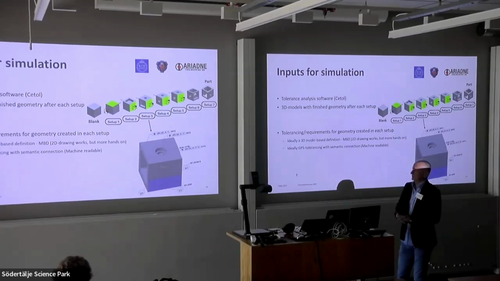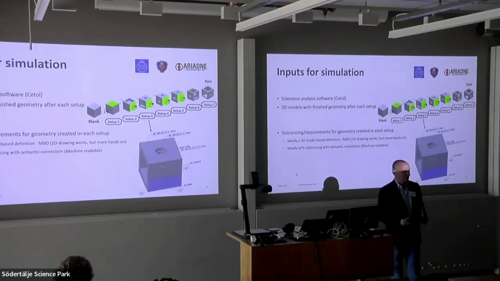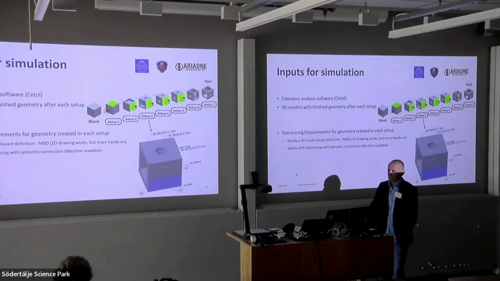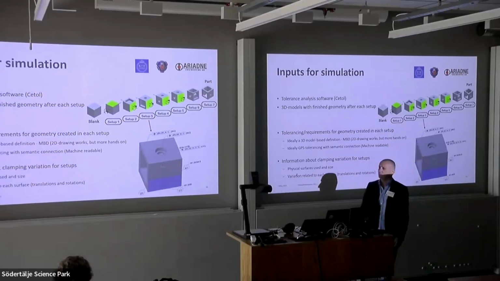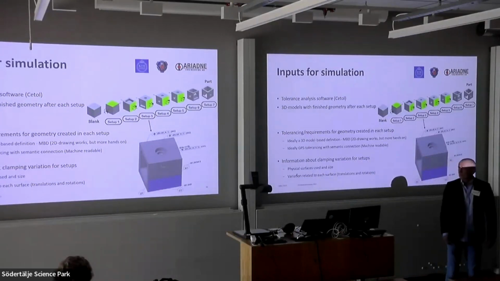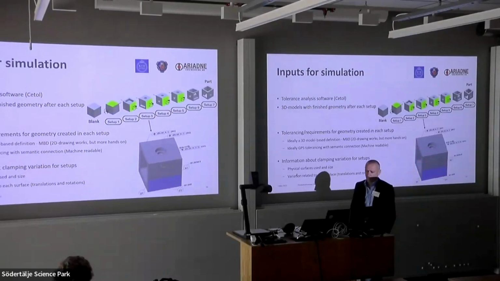And of course, this specification should be in the 3D model and should be semantic and readable by machines or by software. And the last component, and this was a real challenge, was to find out process-related tolerances and capture this information.